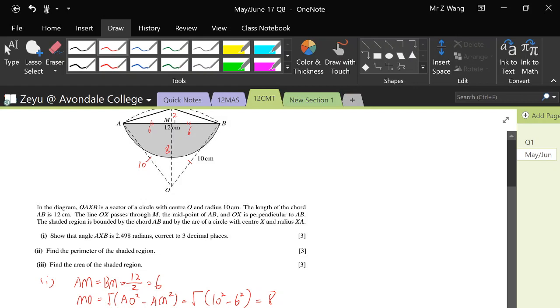Change calculator to radian, otherwise you're going to get the degree answer. So I'm just going to press my calculator, setup, radian. Okay, so this is tangent inverse 3, which is 1.249 radian.